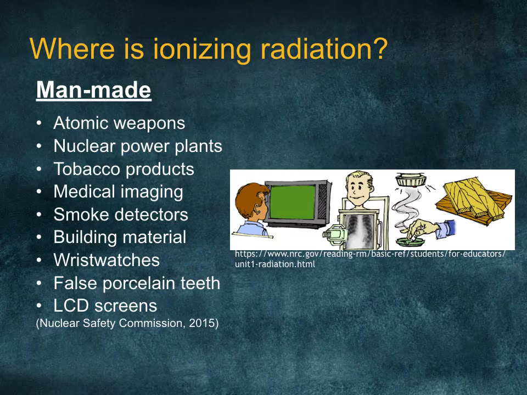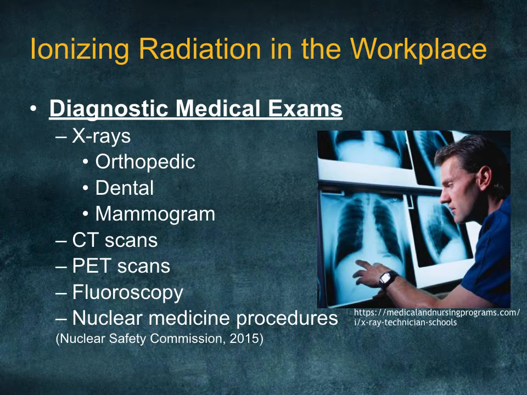But ionizing radiation can also come from common daily objects including tobacco products, old ceramics, smoke detectors, glow-in-the-dark exit signs, building materials, wristwatches, false teeth, medical imaging techniques, and LCD screens.